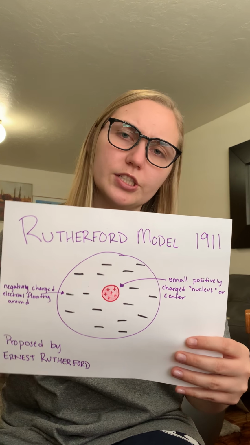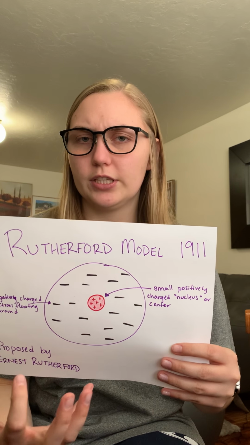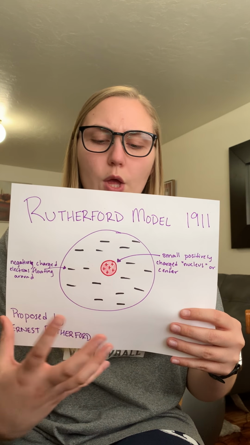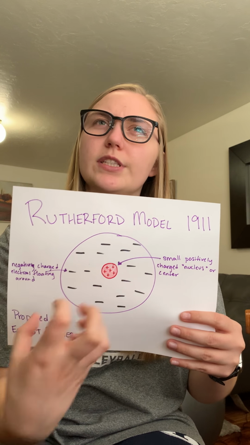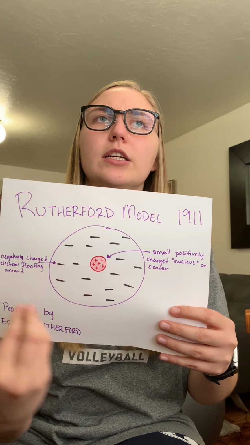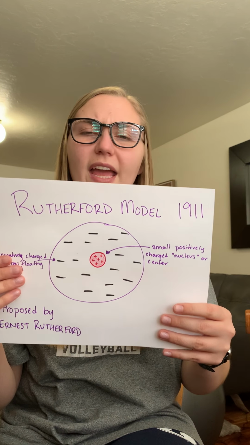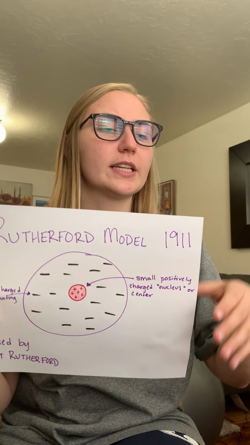We still thought there's a cloud of negative electrons, but he thought it wasn't just a soup of positive; it was centralized. He proposed this in 1911, and came up with an experiment that most of us know.